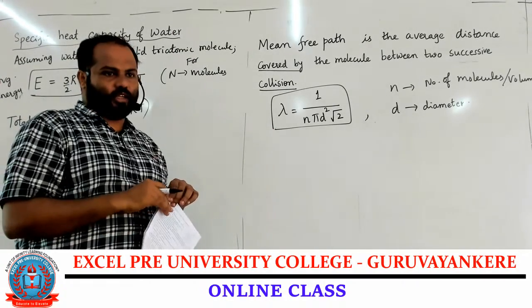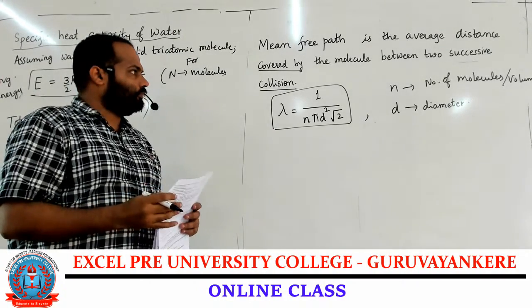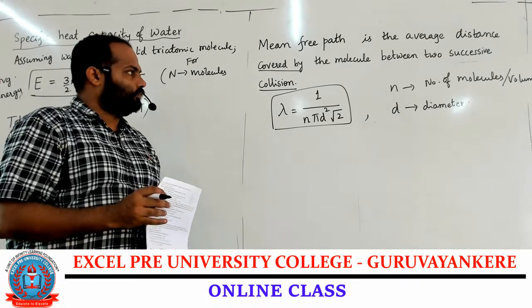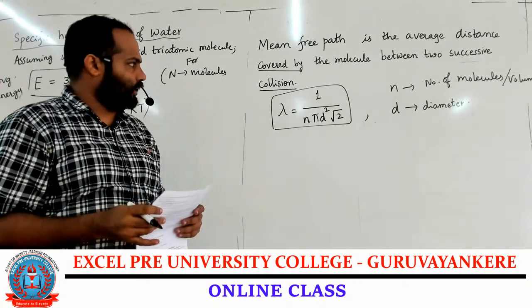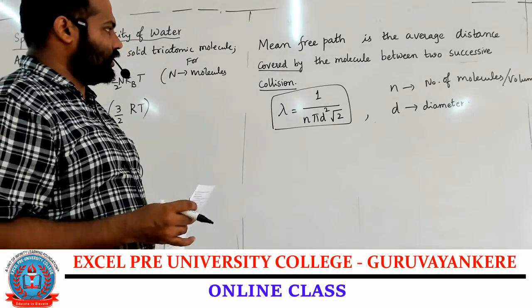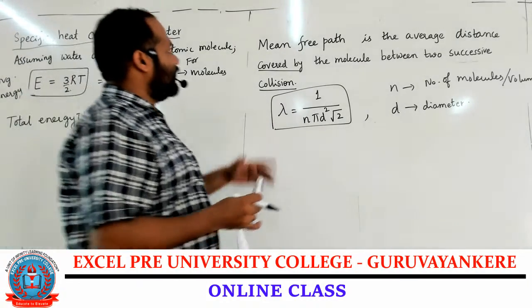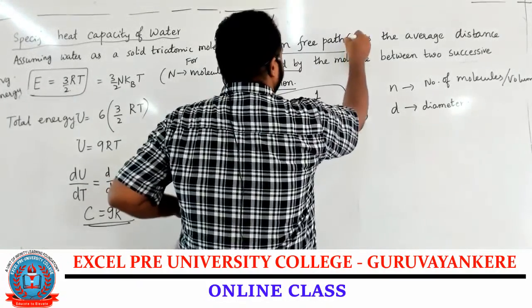Clear? Okay. Pi is obviously a constant. So lambda is called mean free path.